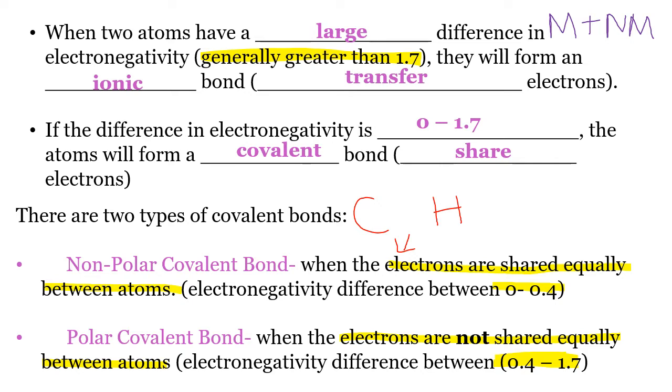What it would look like is my electrons are in the center, nice and happy, being shared by both, versus that carbon and fluorine example you saw, which is actually a polar bond. The electrons are over by fluorine and not by carbon. So nonpolar, they get shared equally. Polar, they don't get shared equally, and it's based on their electronegativity difference.